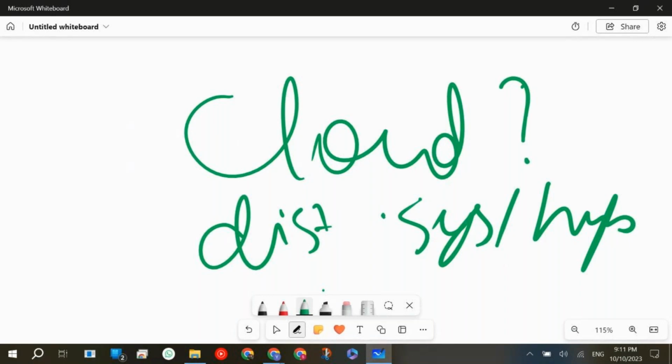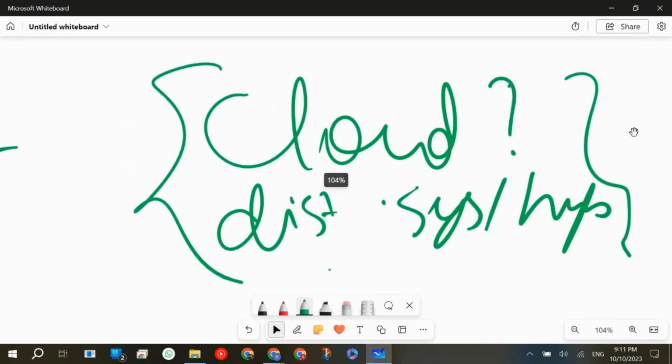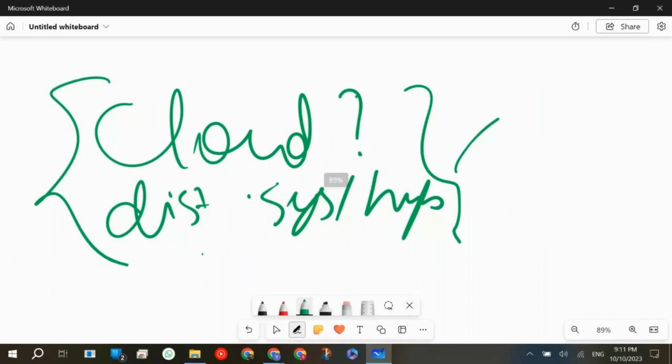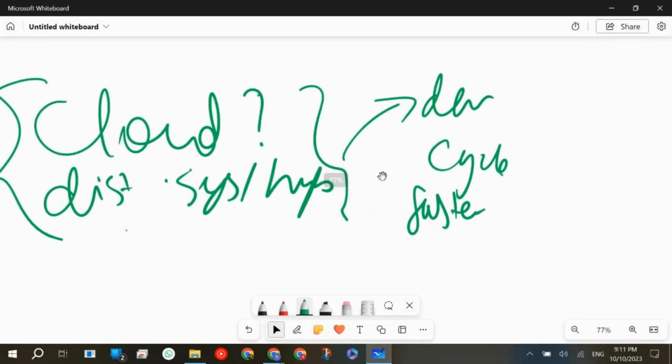Though these systems are making the life of developers simple by making the development cycle faster, at the same time they are making the testing of an application very complex.